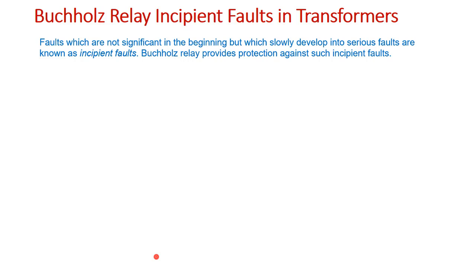Faults which are not very significant in the beginning, but which slowly develop into serious faults, are known as incipient faults. So the Buchholz relay provides protection against such incipient faults.